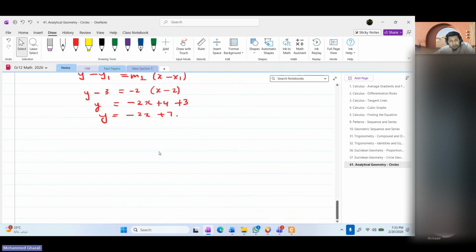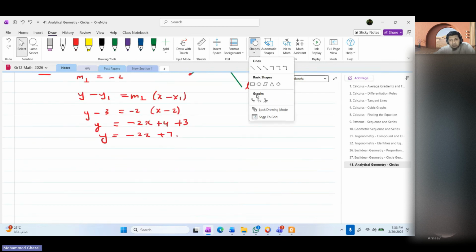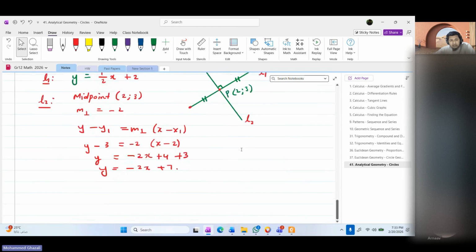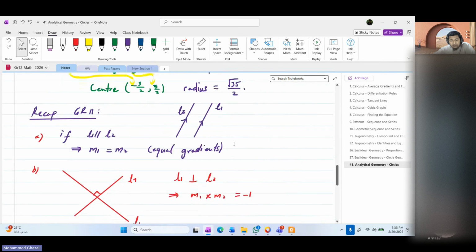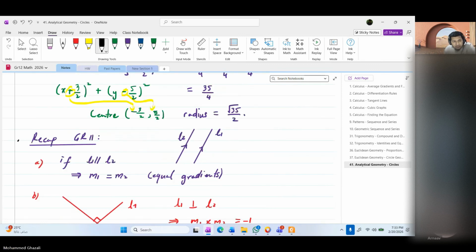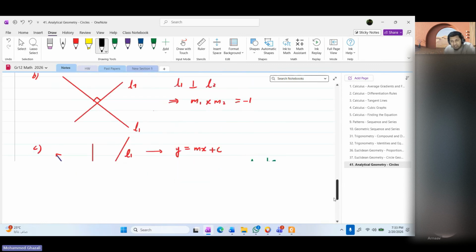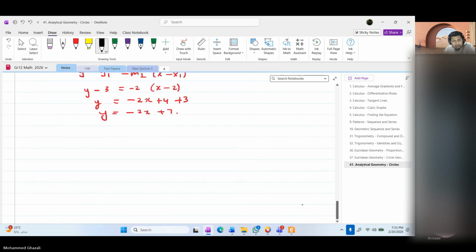And now we move to circles, because we are doing analytical geometry, circles. Let's call this number 5, right, number 6. Now, what do we do for circles?